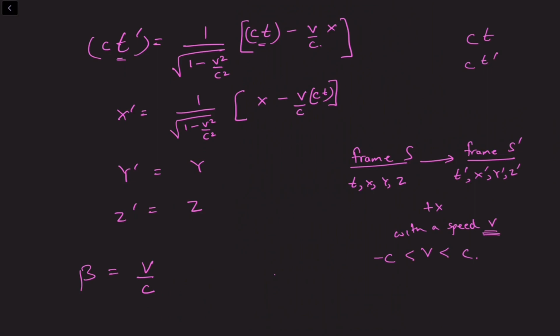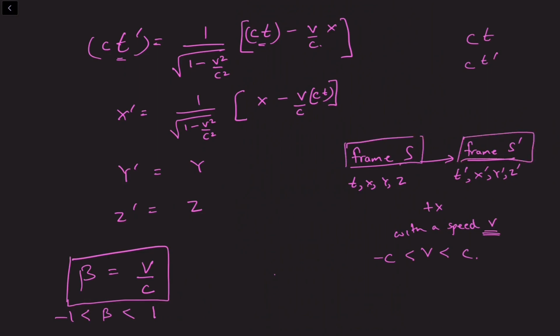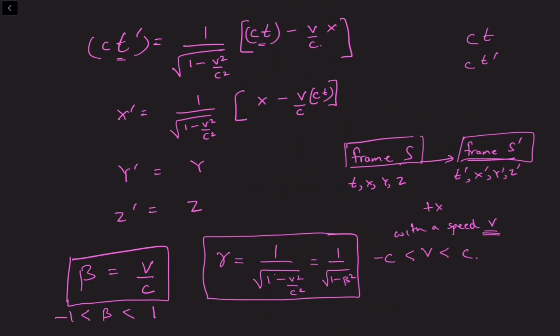So beta would range between -1 to 1. And this is a parameter that describes the relative nature between the frame S and the frame S prime. And now we define a second quantity, gamma, which is 1 over square root of 1 minus v square by c square, which is equivalent to 1 over the square root of 1 minus beta square. This quantity gamma is called a boost factor.